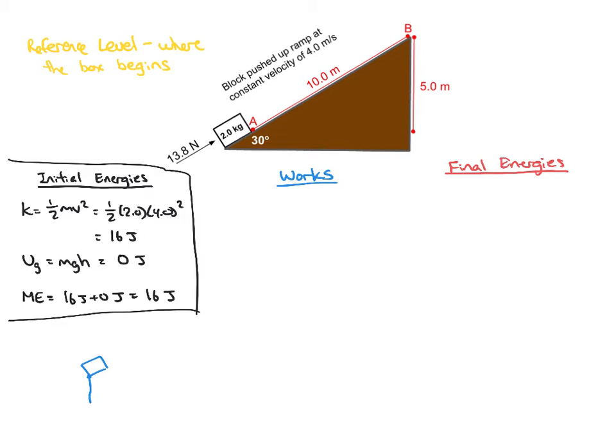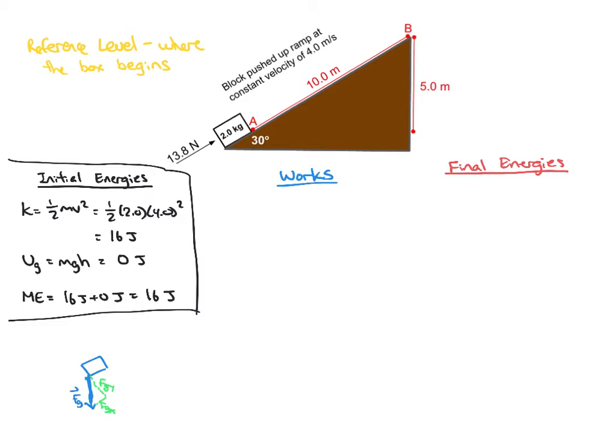This is going to be a force of gravity. It's going to be down. And I'm going to break that up into components, parallel to the ramp and perpendicular to the ramp. So I'll call this FGY, that's perpendicular to the ramp, and FGX, the component that's parallel to the ramp.